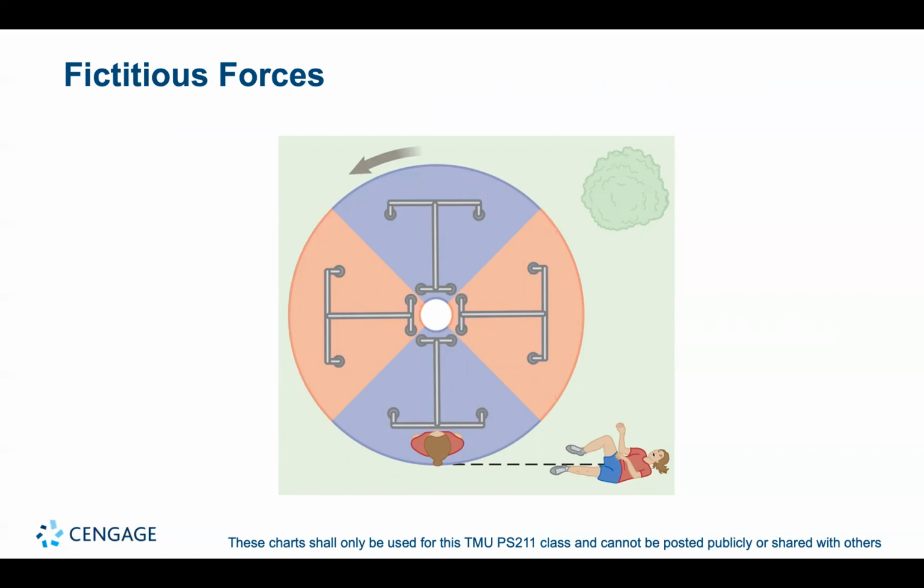In reality, if you are riding the merry-go-round, you are exerting a centripetal force on your body with your hands and arm muscles. Also, a smaller centripetal force is exerted by the static friction between your feet and the platform. If your grip slips, you won't be flung radially away.